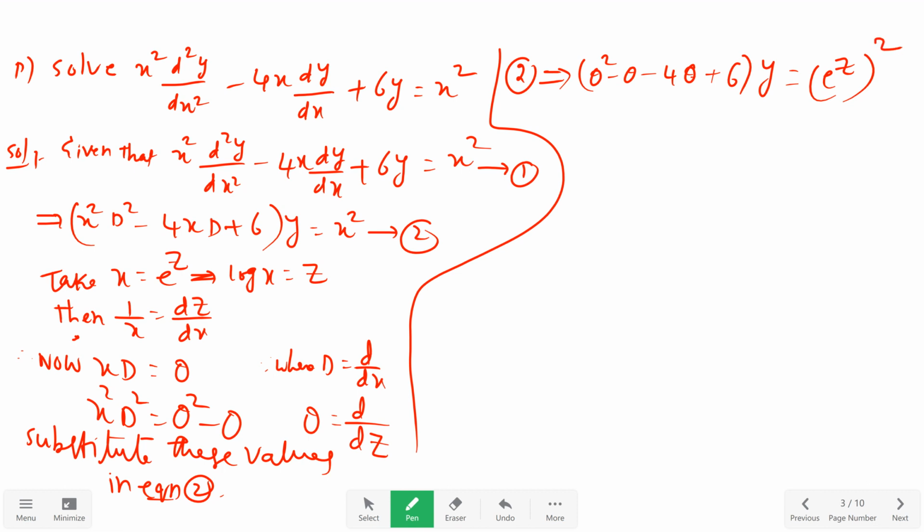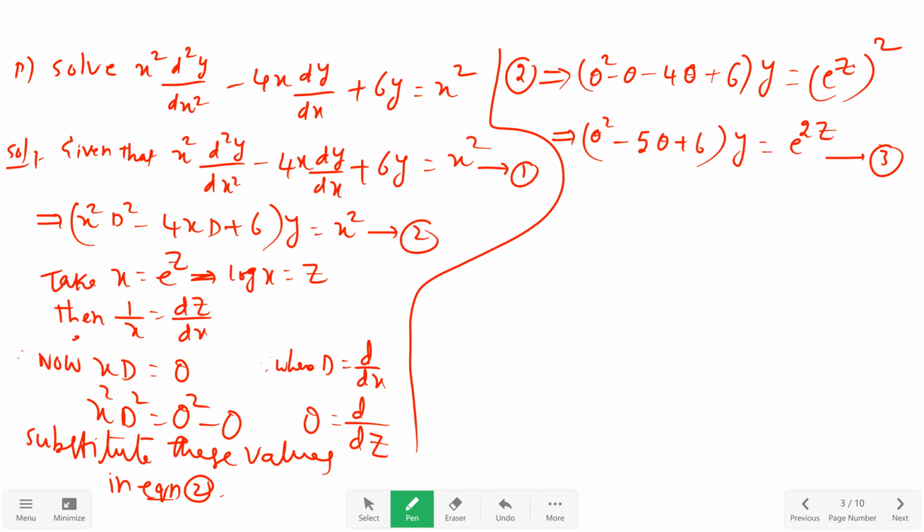So that implies theta square minus 4 theta minus theta is minus 5 theta plus 6 into y is equal to the RHS value, which is in the form of a to the power of m whole power n, that is a to the power of mn, that is e to the power of 2z. So this is equation 3.